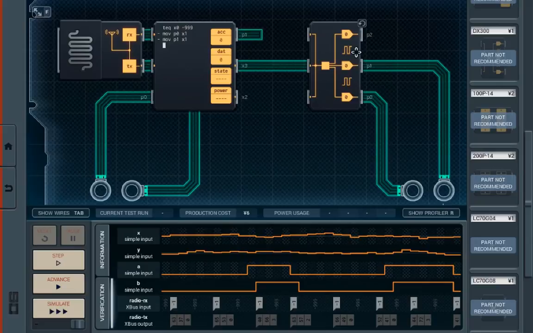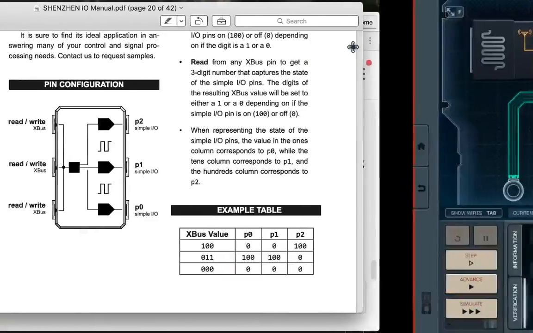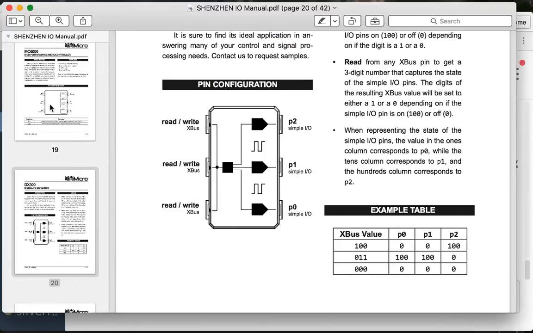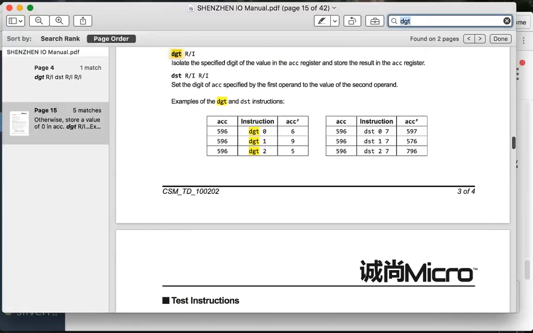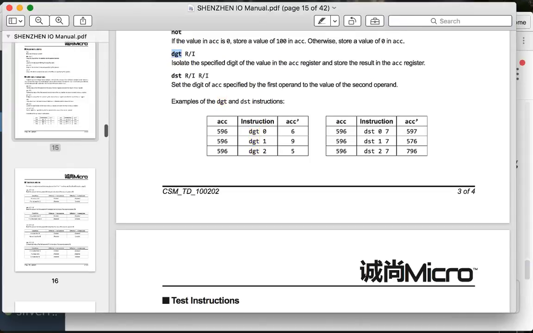I gotta look up all these digit operators. DGT. How does this work?